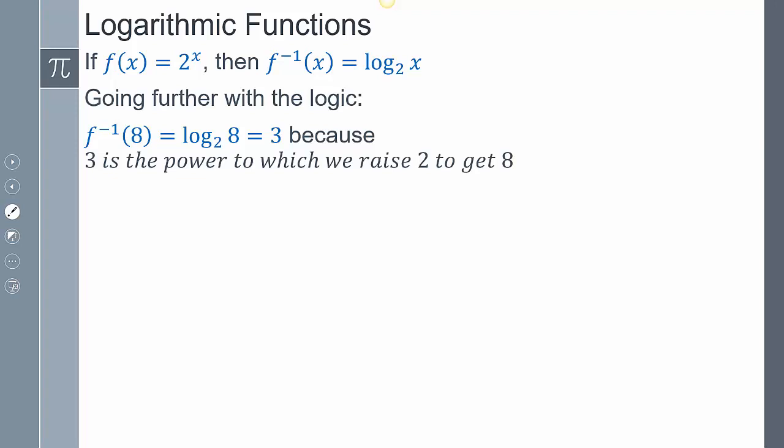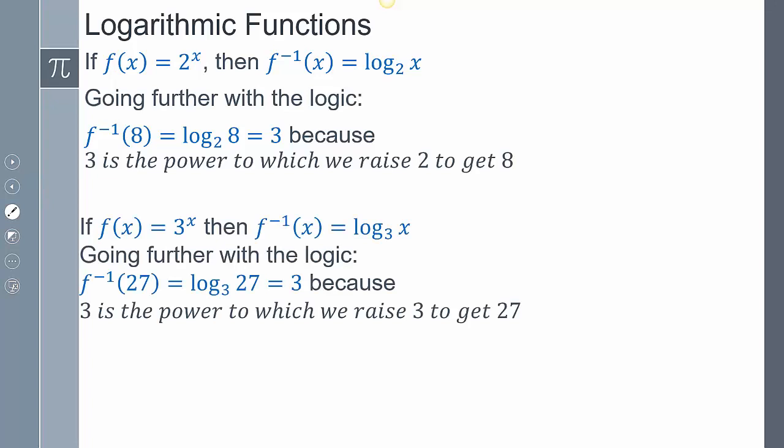Going further with that logic, if my f of x is 2 to the x power, my inverse is log base 2 of x. So if I plug 8 into my inverse, that's log base 2 of 8, which equals 3, because 3 is the power to which I have to raise 2 to get 8.